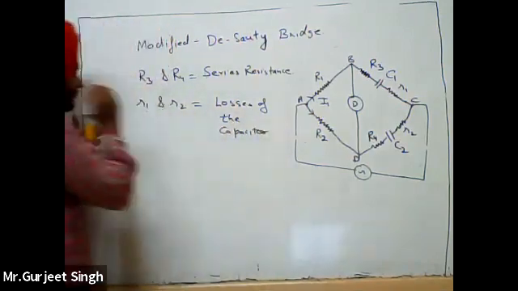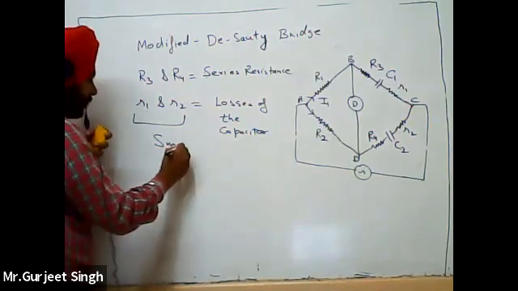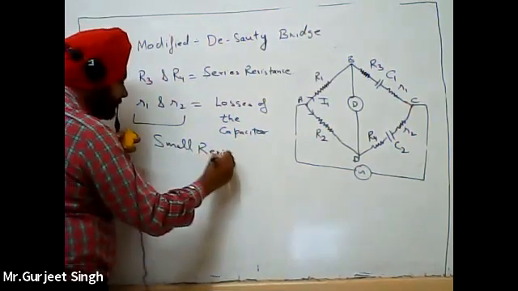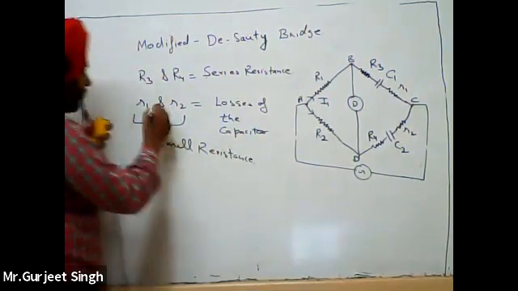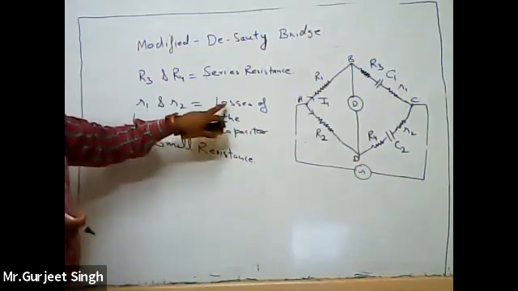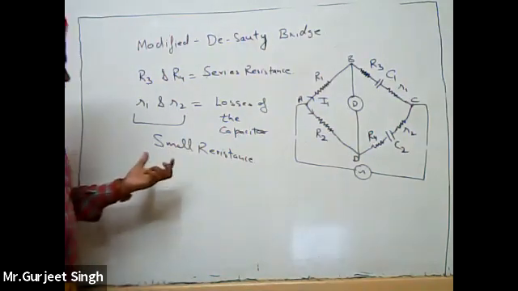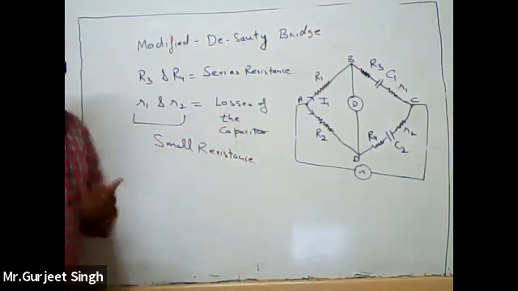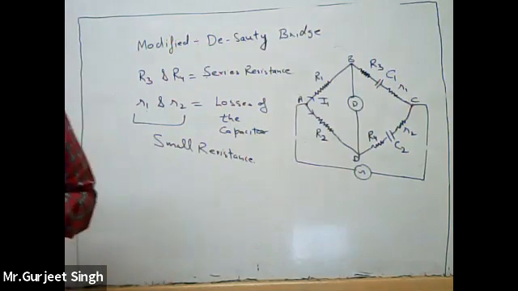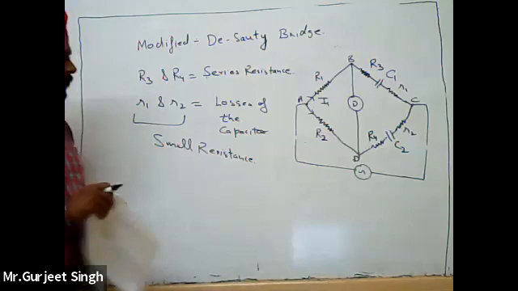These R1 and R2 are called the small resistances, and they represent the losses of the capacitors. Means the loss component of the capacitor is represented by these resistances. So this is the modified De Sauty bridge.